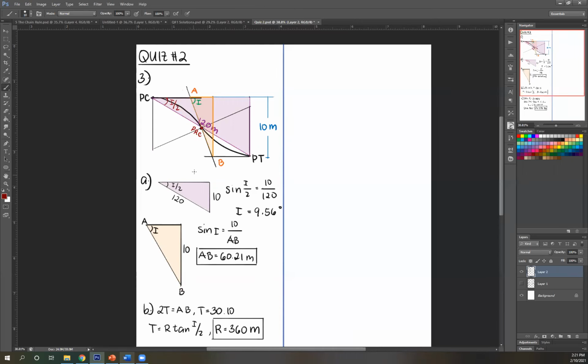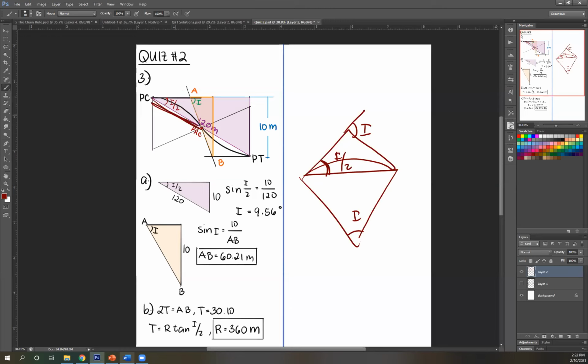So how? Remember, a simple curve. This is I. This is also I. This is actually I over 2, right? Parts of your simple curve. And that angle is the same as this angle. So that's also I over 2. From tangent to long chord, it's I over 2. And this is actually your long chord.